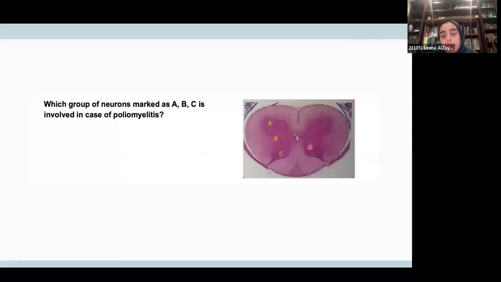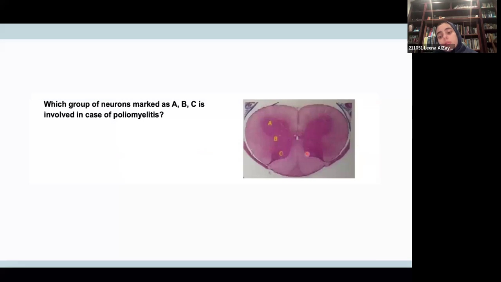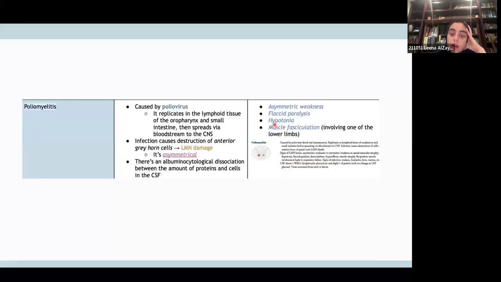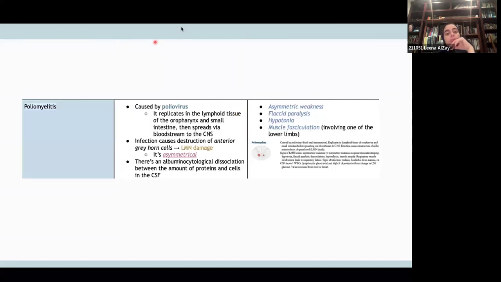Yeah, it's actually the anterior, because polio affects the anterior gray horn, so it's the lower motor neuron. So C, this area. Sorry, A. Sorry, it's A because this is the front and this is the back. Okay, so it's A, right? Anterior gray horn. Anterior is here. This is dorsal. Makes sense, guys, right?